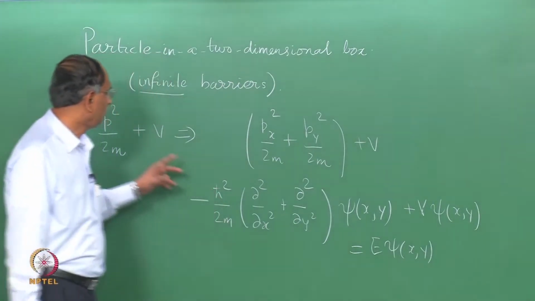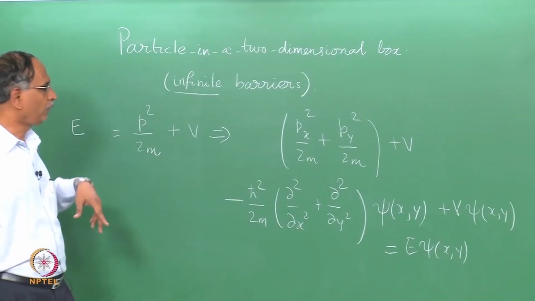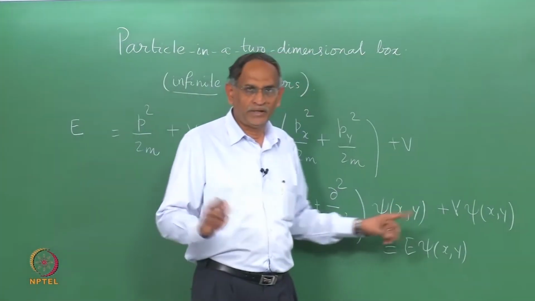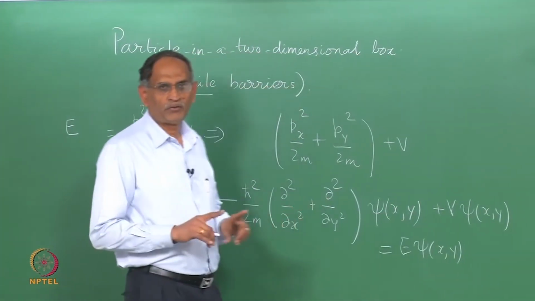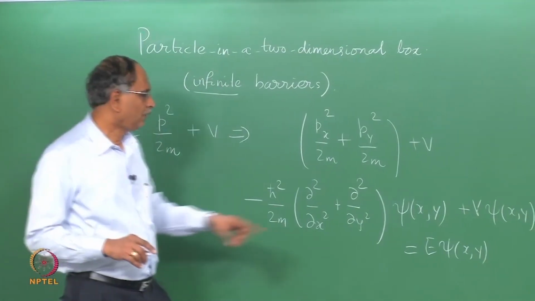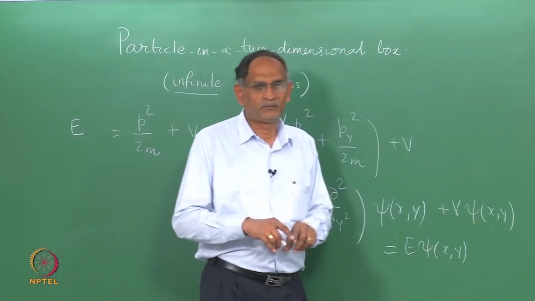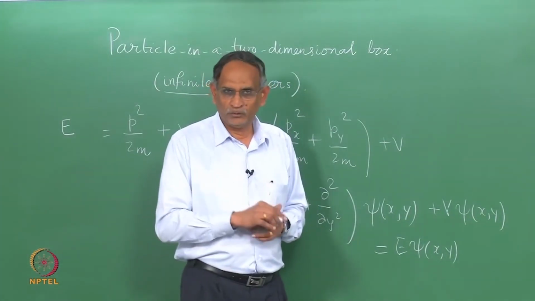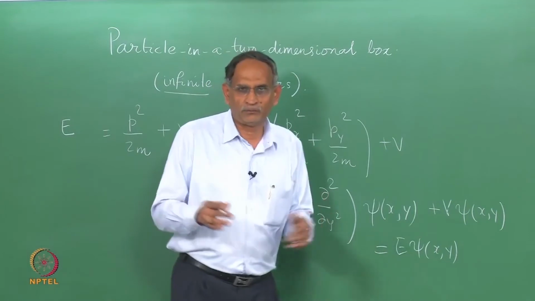For the current problem of a particle in a 2D box, we consider v to be infinite for all values of x other than from 0 to L, and all values of y from 0 to some other, say A or L1 or L2, it does not matter if it is a rectangular box.